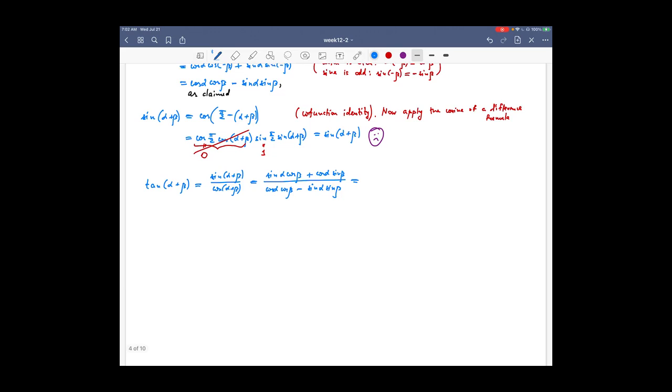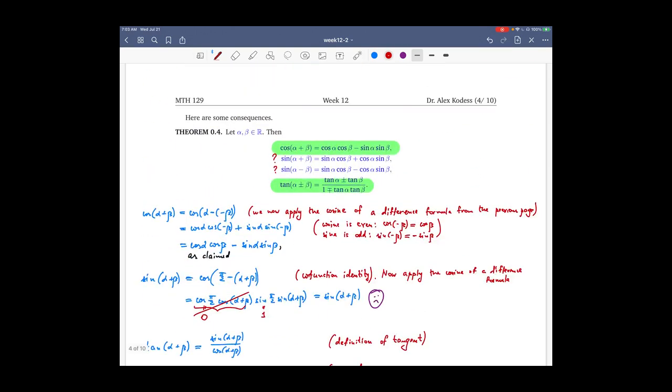What happened was we used the definition of tangent, and here we use some formulas for sine and cosine. We have them both above.